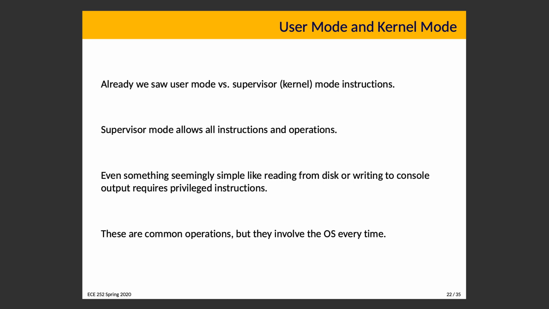And in supervisor mode, we can do absolutely everything: any instruction that is supported by the CPU, any operation. Things that are seemingly simple, like reading from disk or writing to console, actually require privileged instructions. They're common operations, but every time you want to do them, we have to ask the operating system to do it for us.